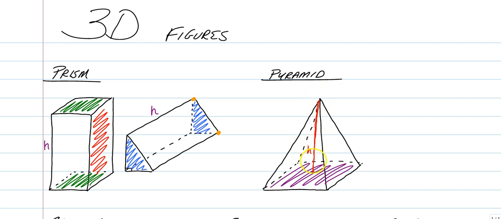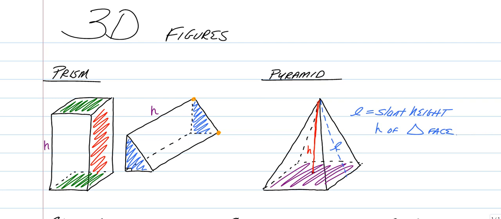So that's from the vertex to the center of your base. Now there's another height that we call a slanted height, which is L. So L is your slanted height, but really it's just the height of the triangular face.